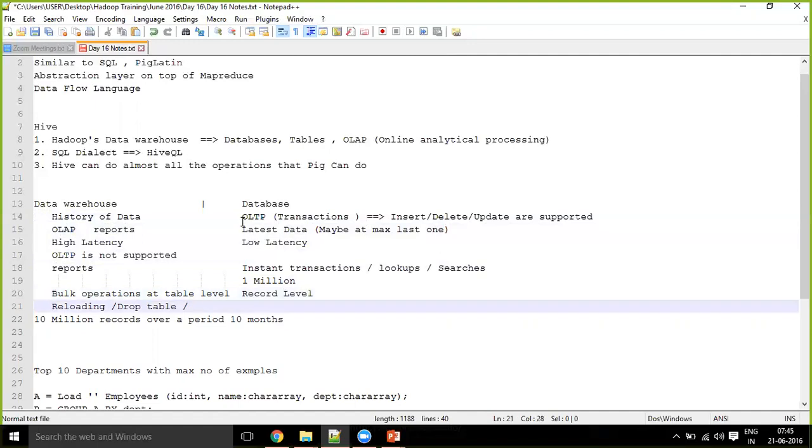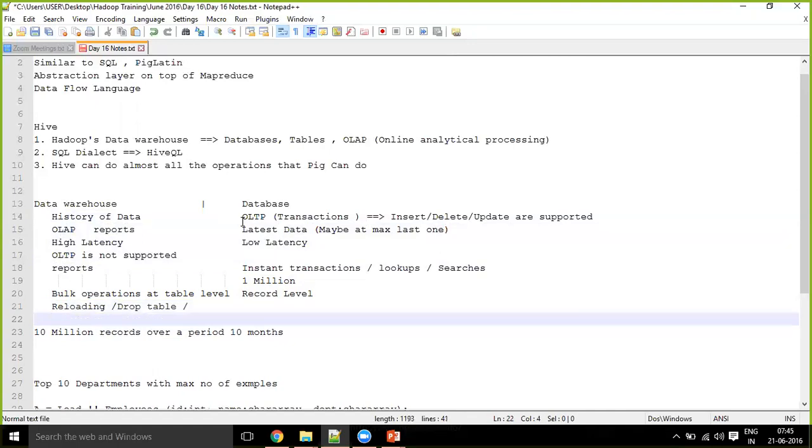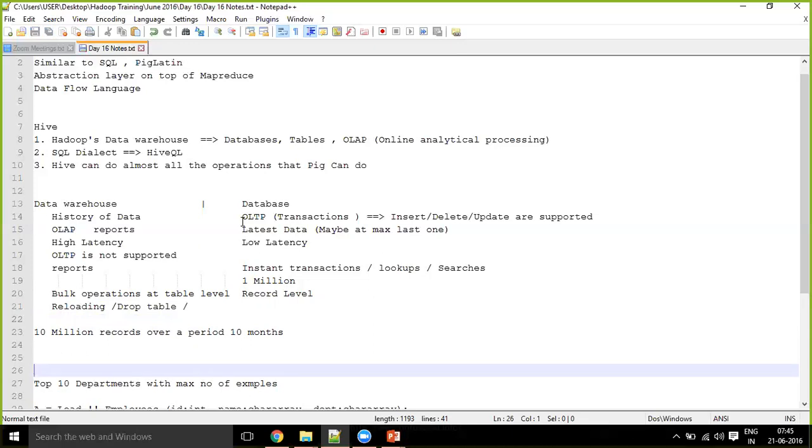Shiva? Yes, Ramesh. Question. You gave the example of having 10 million records already in the table, and we're trying to add another 10 records. So all 10 million will be already stored in HDFS in the file format, right? No, I'm not talking about HDFS as of now. I'm talking about pure data warehouse and database concepts.